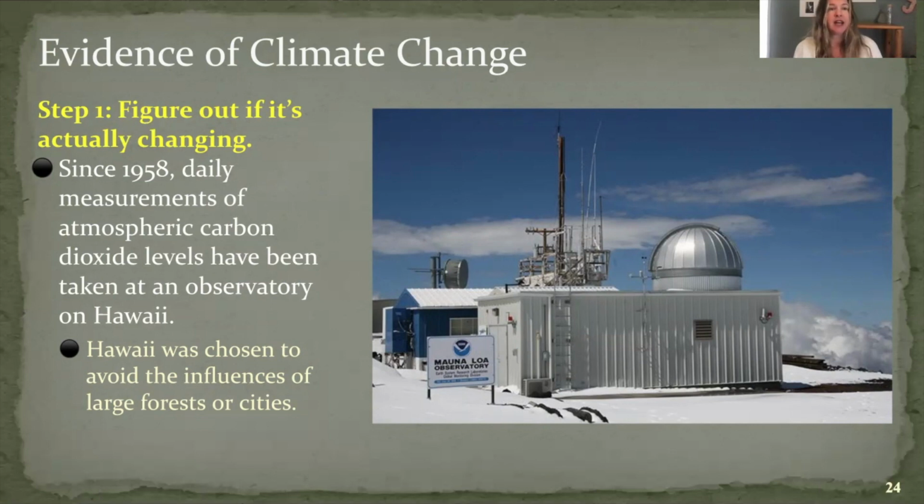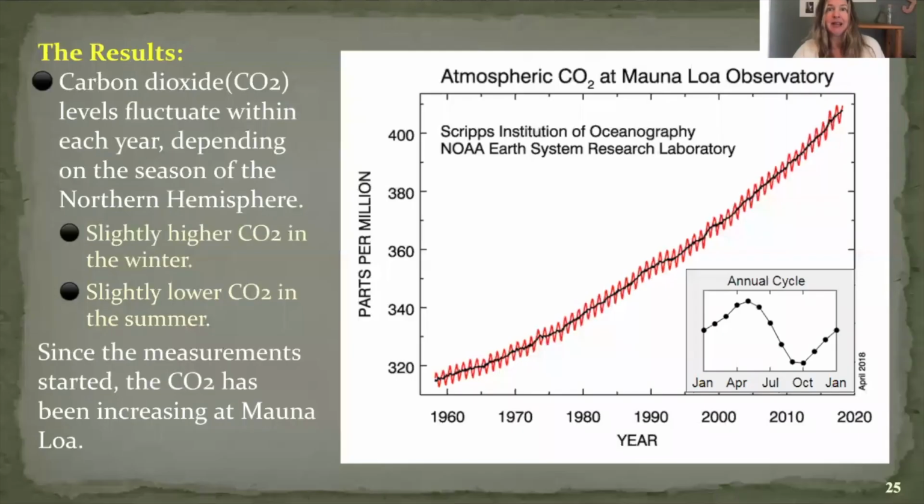Since 1958, daily measurements of atmospheric carbon dioxide levels have been taken at an observatory on Hawaii. Hawaii was chosen to avoid the influence of large forests or cities because they can change the climate. So Mauna Loa Observatory, there's a picture of that. So what do you think they found? Here are the results. Carbon dioxide levels fluctuate within each year.